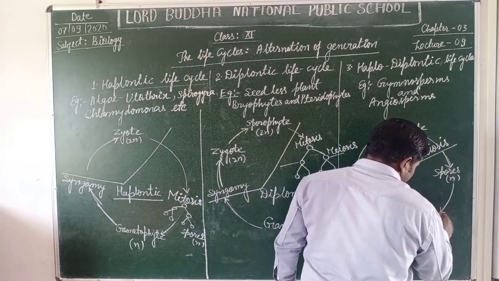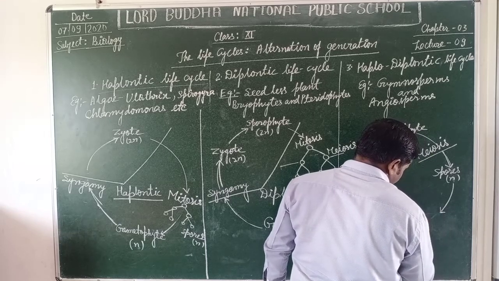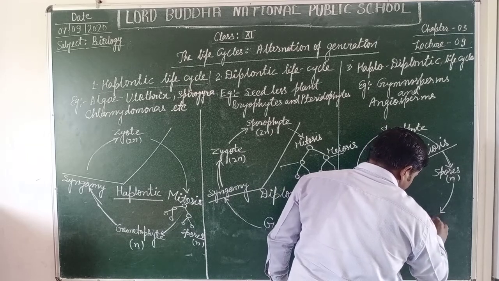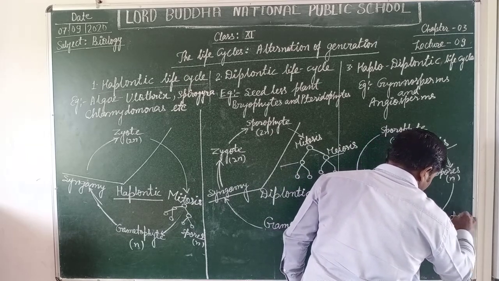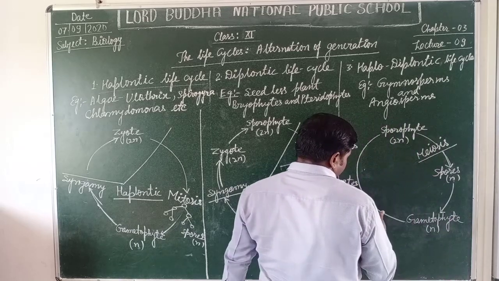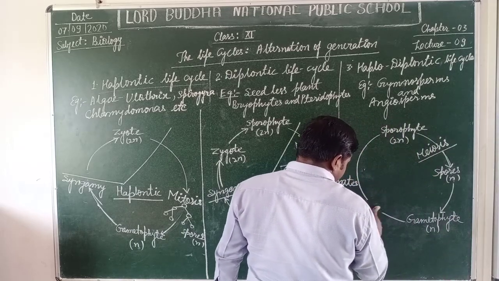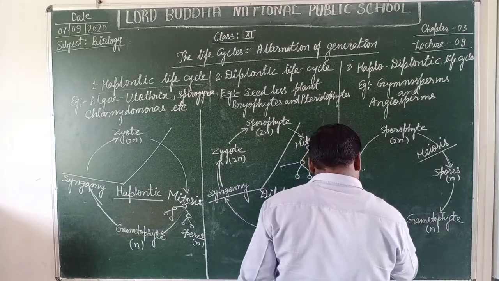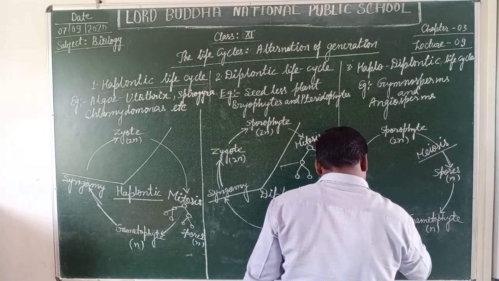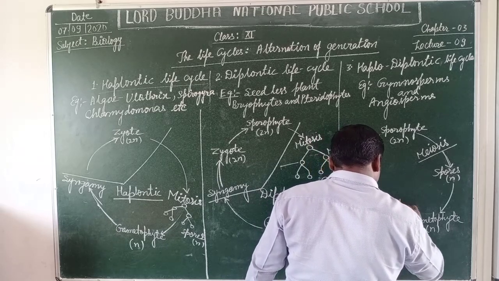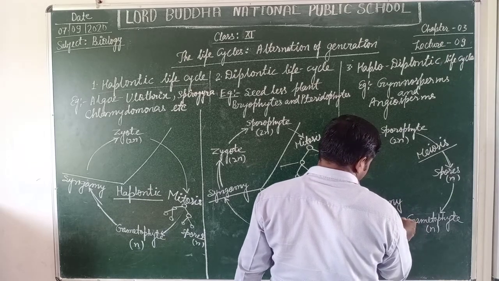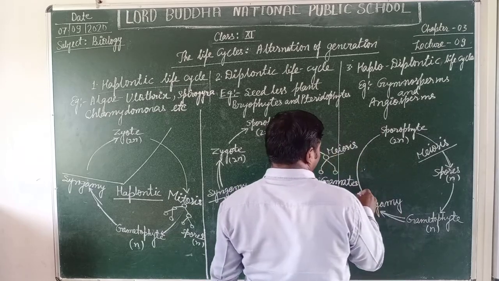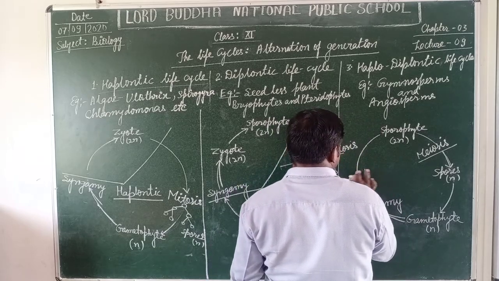These further undergo the formation of gametophyte, and there the process of syngamy takes place. Syngamy means the fusion of male and female gametes takes place, due to which the zygote is formed.